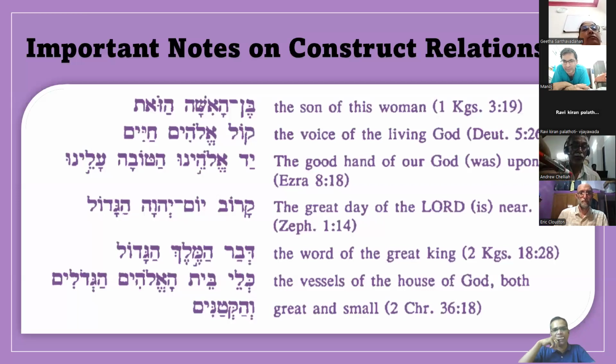Exactly. Did you understand my question? Yes. So in that way, what do you understand? The problem is, I thought Yom Adonai and Hagadol are in a relationship, which means the day of the Lord and then great, because Adonai does not need a definite article, right?